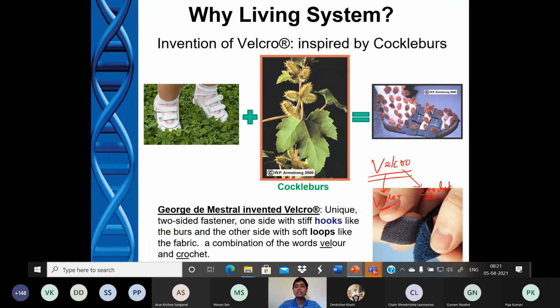So what he found is that in the case of these fruits, they have small hook-like structures. Then George de Mestral, that engineer, designed this material, and commercially this is one of the most successful discoveries, I would say, that throughout the world people use this Velcro, and now there are modified versions with better material, right? But this came from the story of what he faced a long time back in 1941.